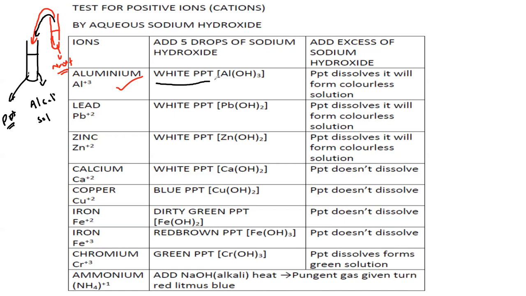Is it clear, the first part? There is actually no way around it, you have to memorize the color of the precipitate. If aluminum is there, it will be a white precipitate which will dissolve to form a colorless solution. The same thing happens for lead salts as well.